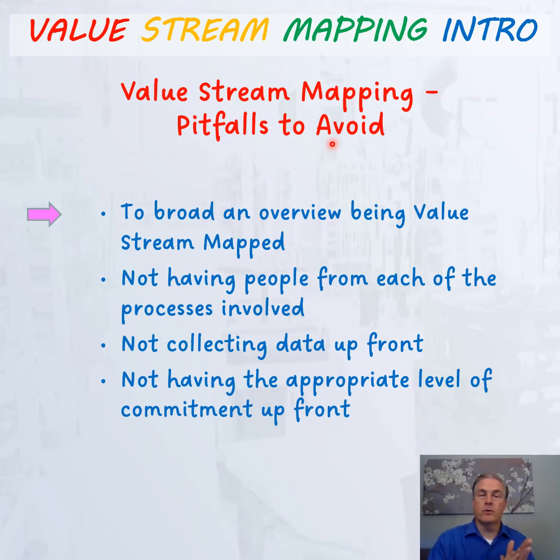Okay, so pitfalls we want to avoid. Too broad an overview of the value stream map. Another one's not having people involved from each of the processes. You're talking about changing all the steps throughout an organization. We talked about creating a lean, one-piece flow cell. So there's going to be some internal politics, and we'll talk about that in our last step, making sure we have the appropriate level of commitment.